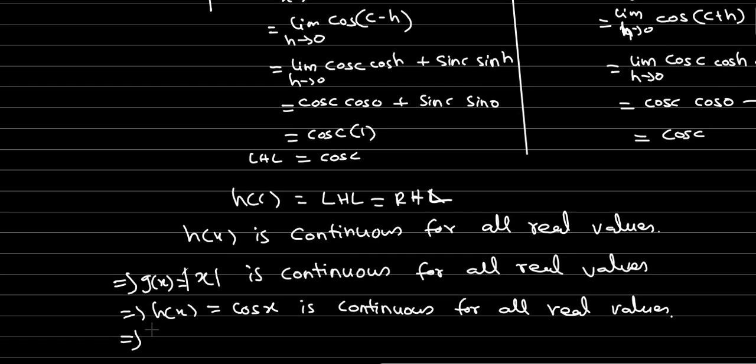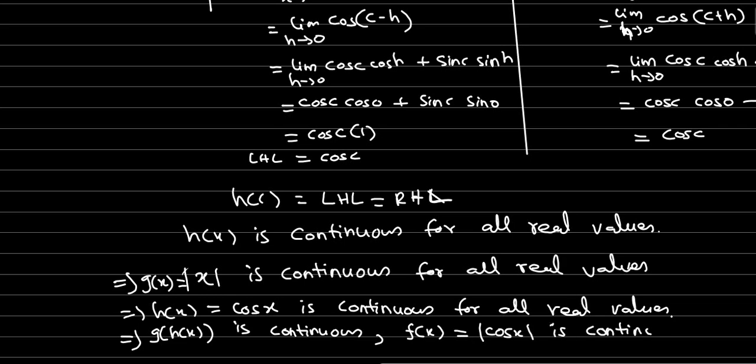That means g of h of x, a combination of two continuous functions, is also continuous. So f of x equal to modulus of cos x is continuous for all real values.